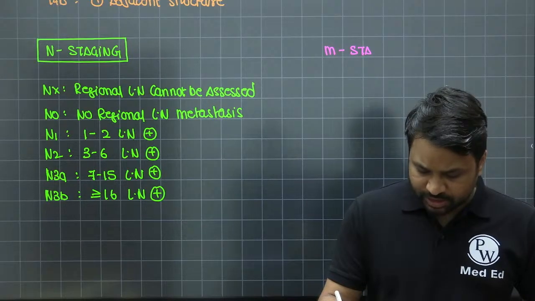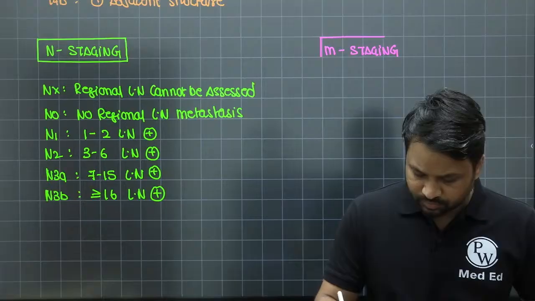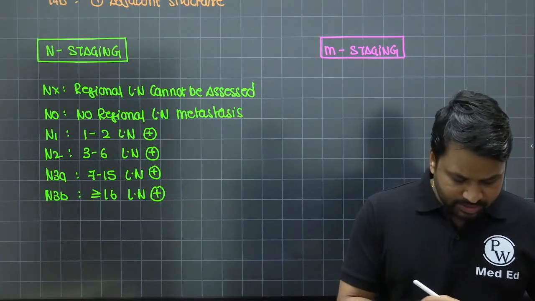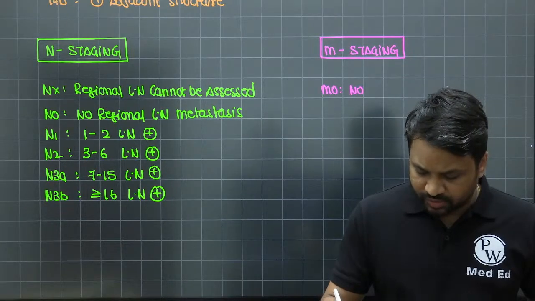So the M staging that you give is M0. There is no evidence of distant metastasis.